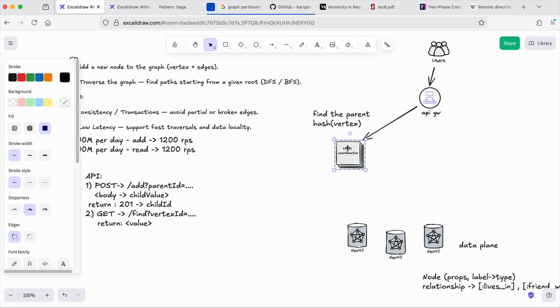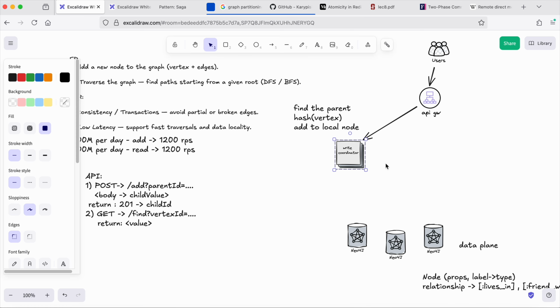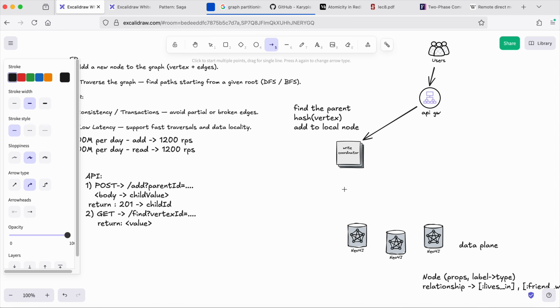Then get a hash for the vertex and add it to the graph, to a local node. By node, I mean the physical node of our Neo4j backend. Okay, and here is the populating of the data.